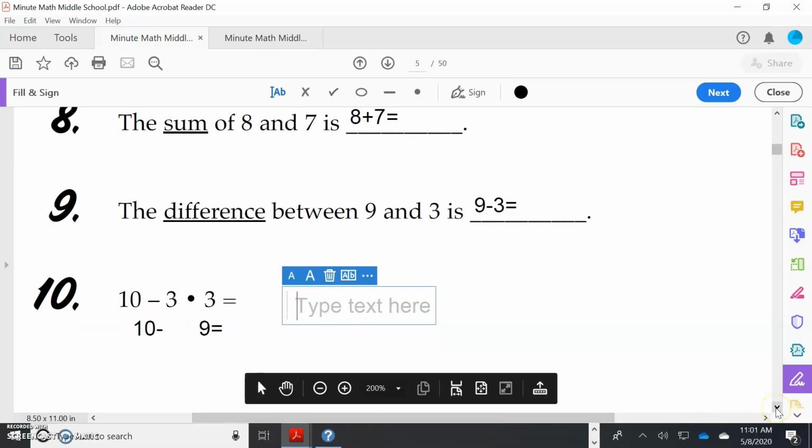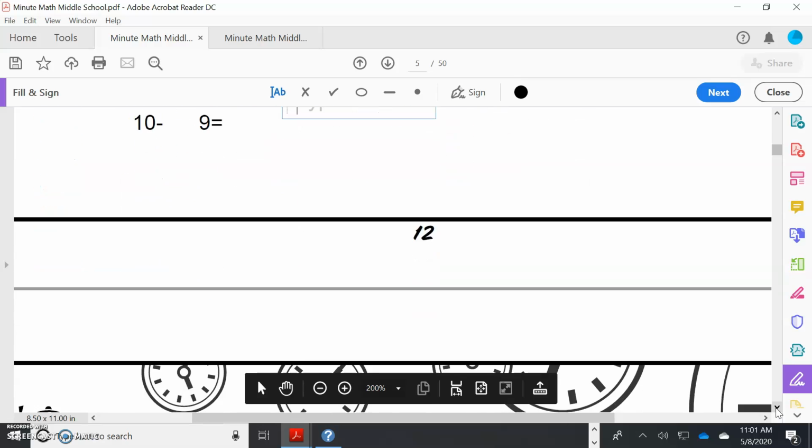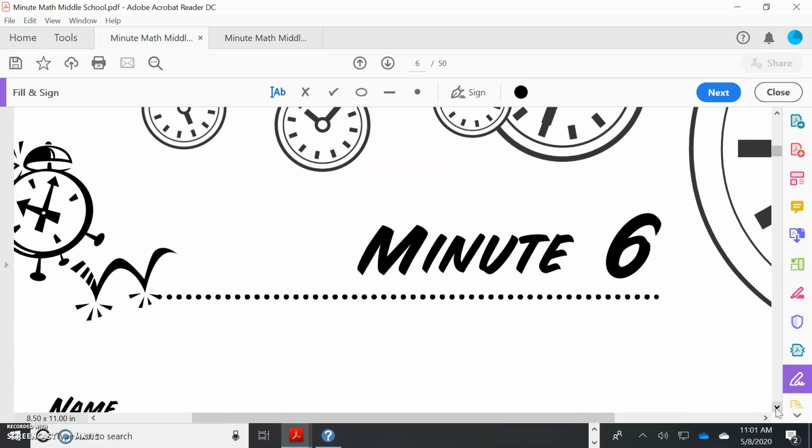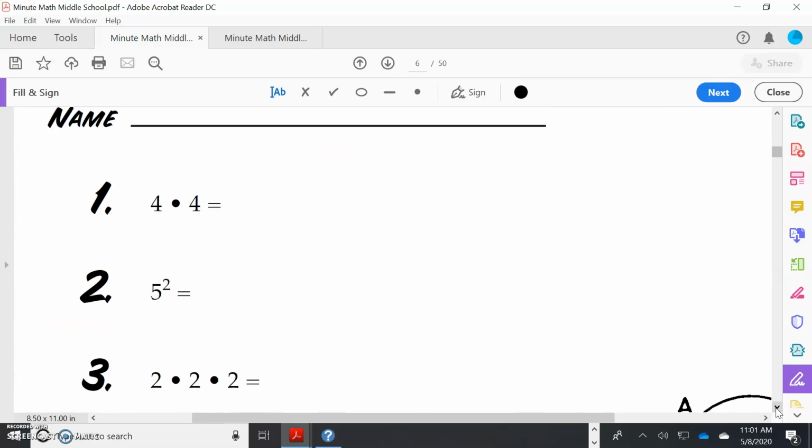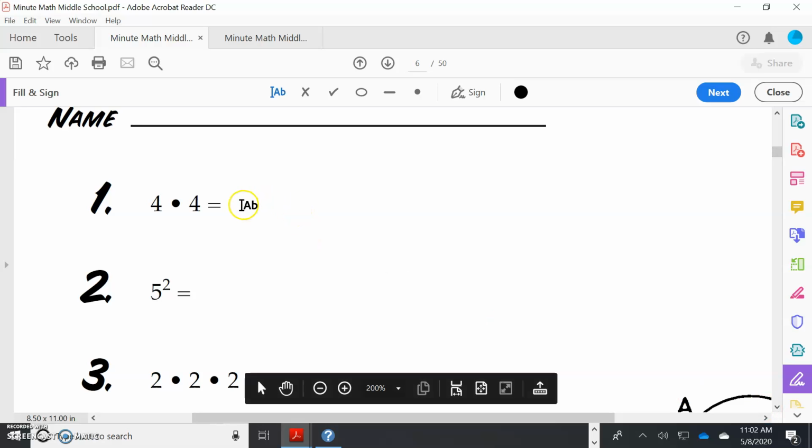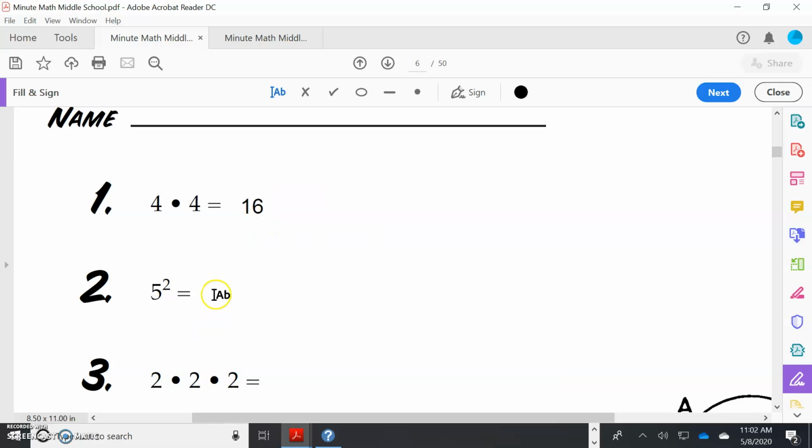Okay, so moving right along. Turn the page or go to another page and please write Math 6. Math 6, 4 times 4 is 16. 5 squared is 5 times 5 is equal to 25.